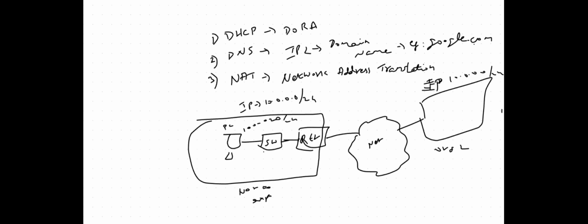What we do is convert this 10.10.10.20 into some random IP, like 20.20.20.10, any IP. By converting the IP, our local IP will be hidden.